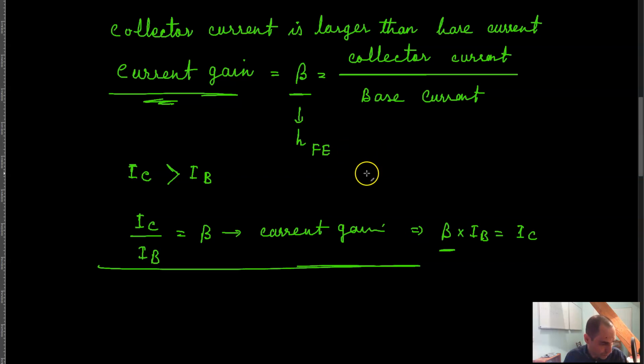So for example, suppose that the base current is 1 milliamp. So there is some transistor in some circuit, your base current is 1 milliamp, and for example the collector current I_C is 150 milliamps, right? So what is the current gain of this transistor?